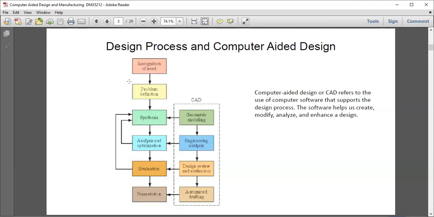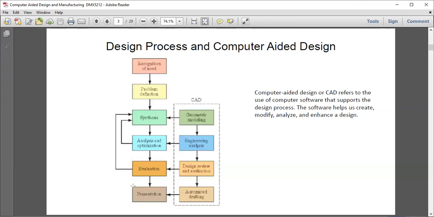Again, we get the problem idea, and we design, analyze, optimize, or evaluate. In the design process we did evaluation, that means these two parts, analysis and optimization. We use different terms: there we said documentation, here I'm using presentation.